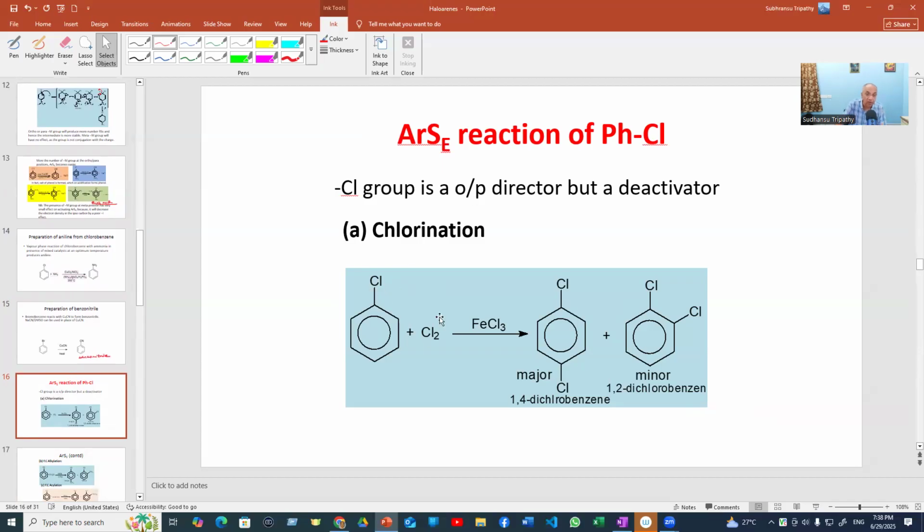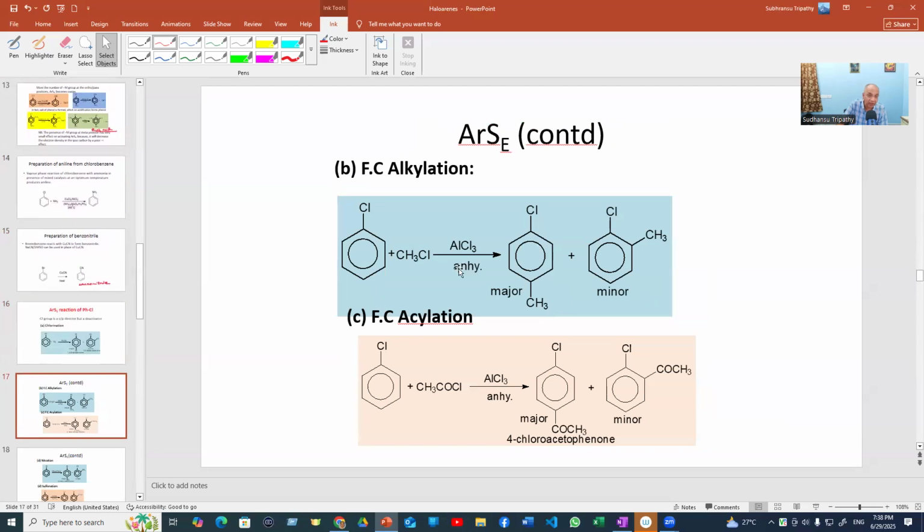If you make further chlorination, since it is OP director, you get a mixture of ortho and para. And if you carry out Friedel-Crafts reaction, you'll get a mixture of ortho and para. If you take a Friedel-Crafts acylation, you get para major because the acetyl group is bulky, chlorine is also bulky. So para is the dominant product, 90%.